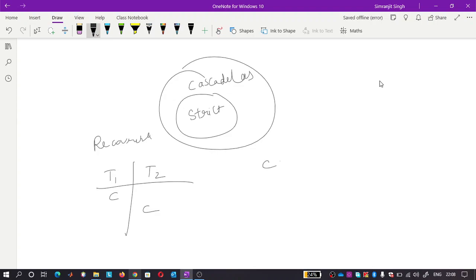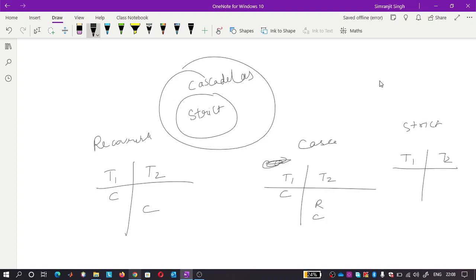In cascadeless, you can say that after commit I will read. But in the stricter one you can say that after commit I can write or read. So it also contains the read part.